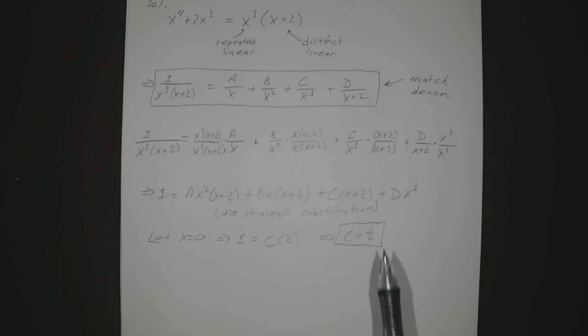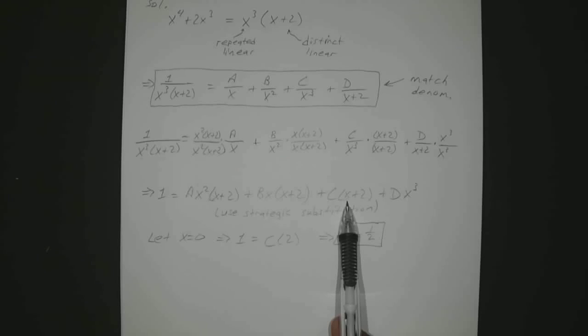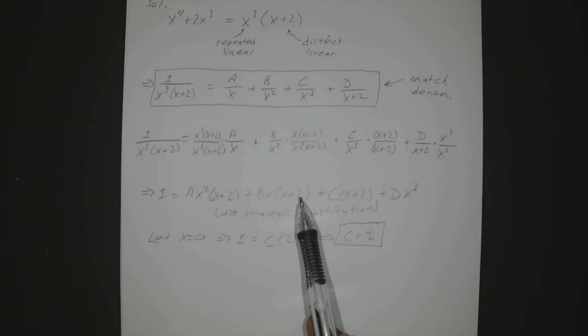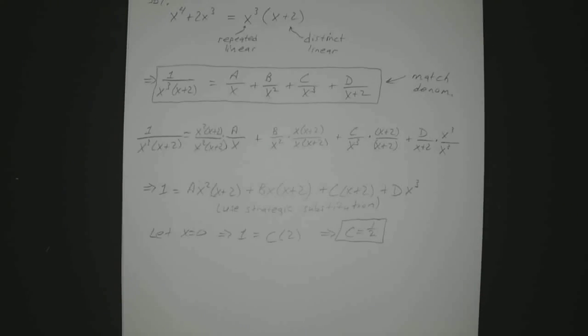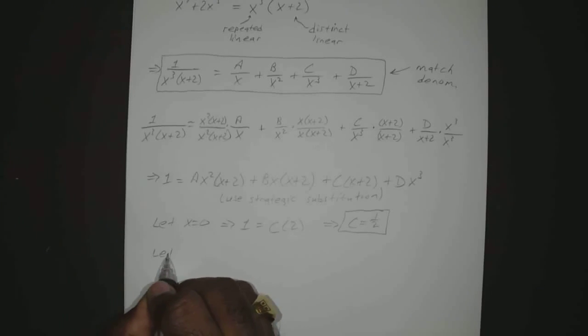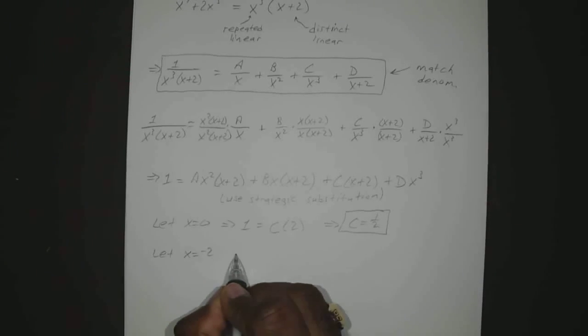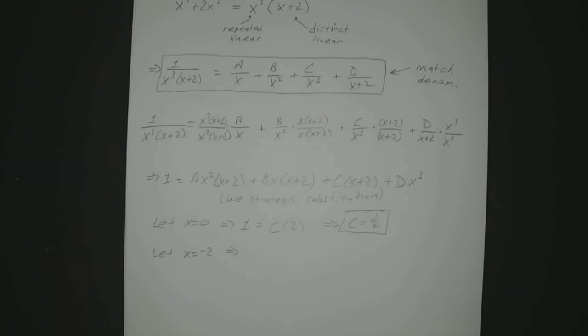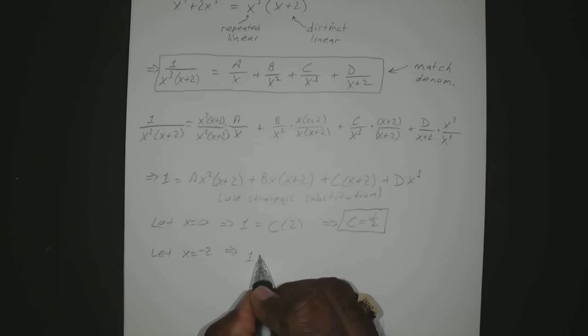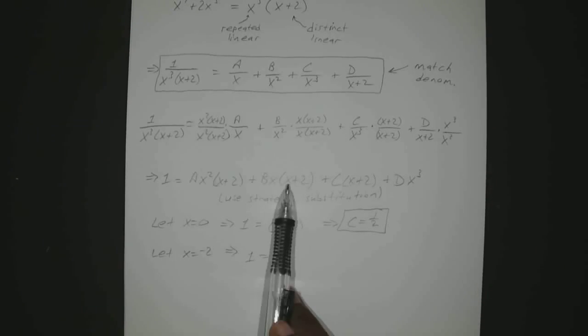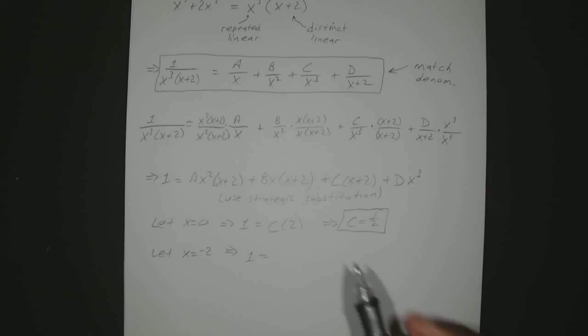Okay, so now we can pick x equals -2. X equals -2, we get rid of this one, this one, and this one, and we can solve for d. So you end up with 1 equals, this disappears, and this disappears.